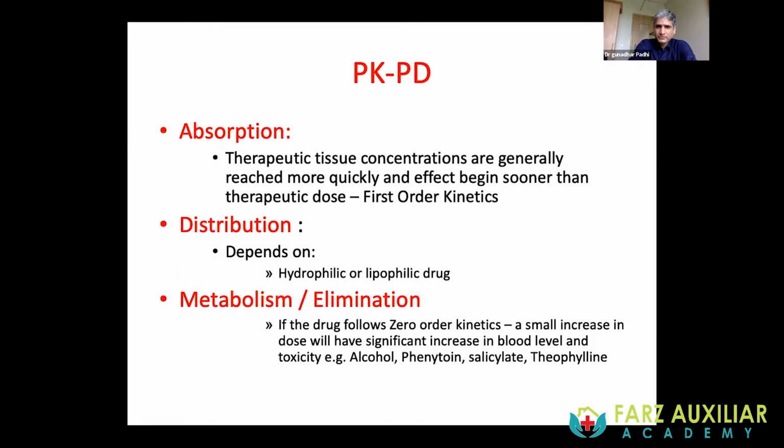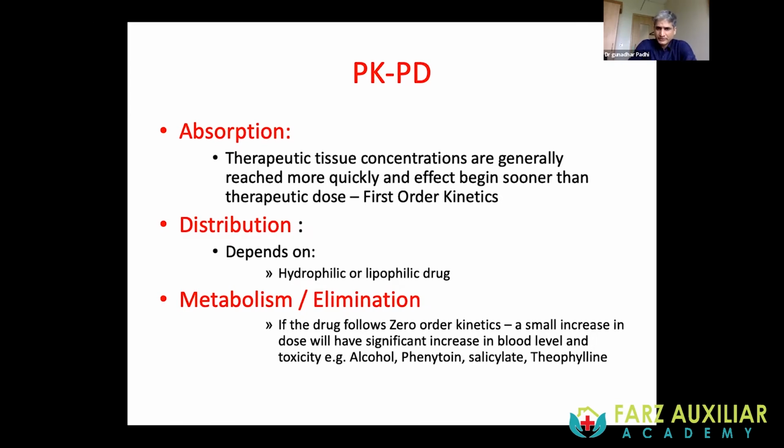Usually absorption follows first order kinetics. It is important to note how fast the therapeutic tissue concentrations are reached. If they are reached more quickly, the effect begins very soon. This is called first order kinetics. Most toxic substances follow first order kinetics.